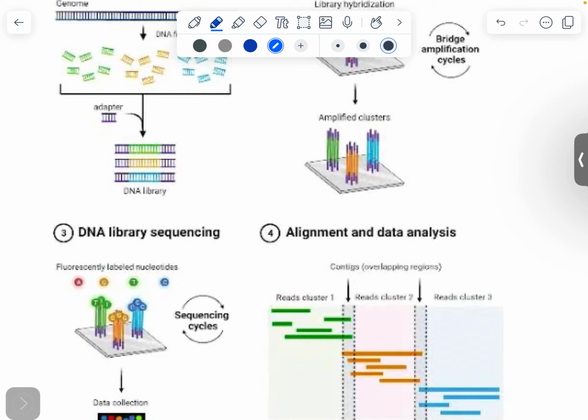Maybe the fragment which is synthesized in this step may have some mismatches. These mismatches can be eliminated when we perform multiple rounds of amplification.